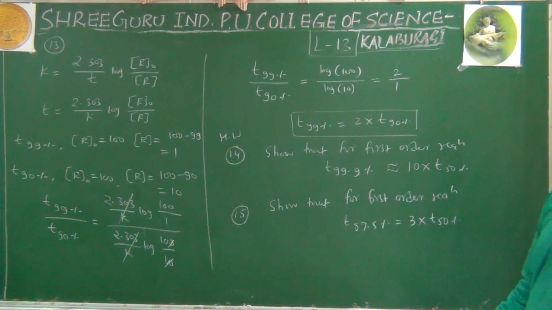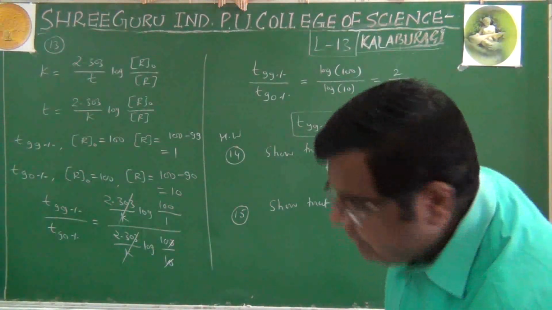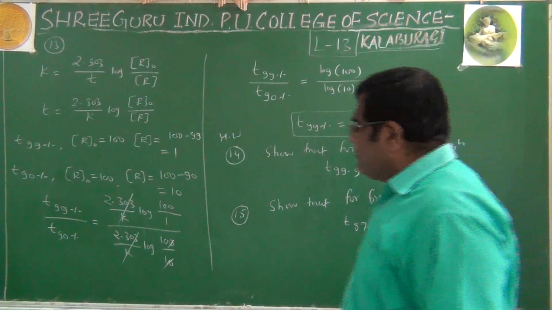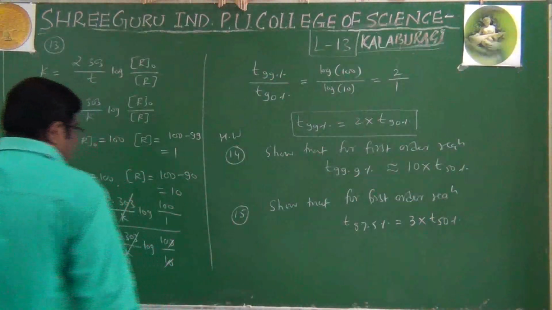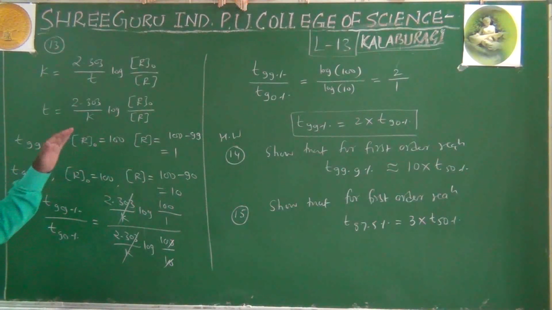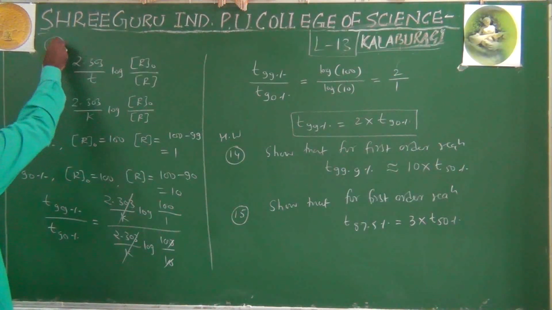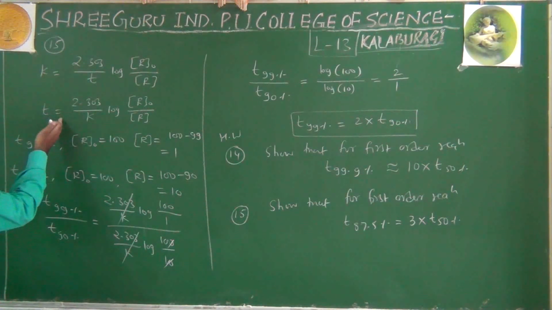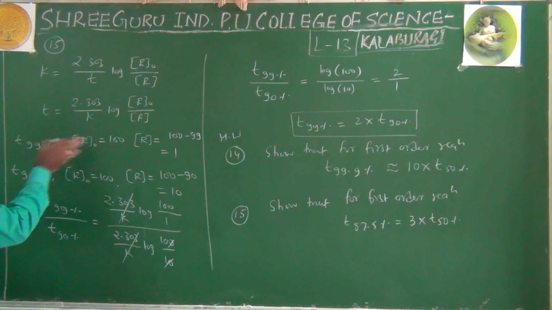This is again a similar question, but we'll solve it in this class, so that two questions we have solved together and one I have given you as homework, which you can solve yourself. This step will remain as it is. This step will remain as it is. This will also remain as it is. We have just rearranged it.